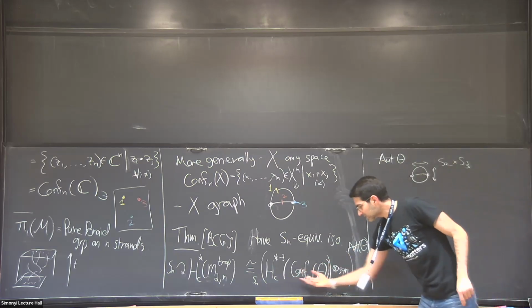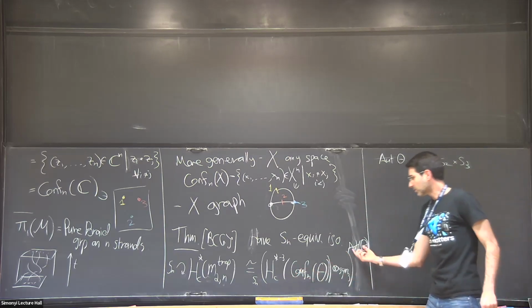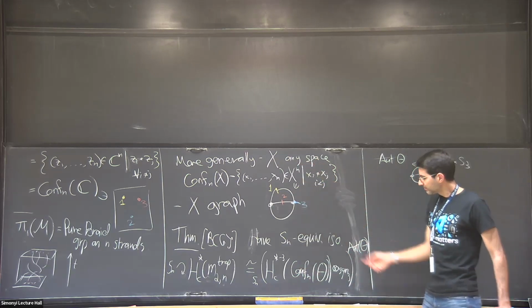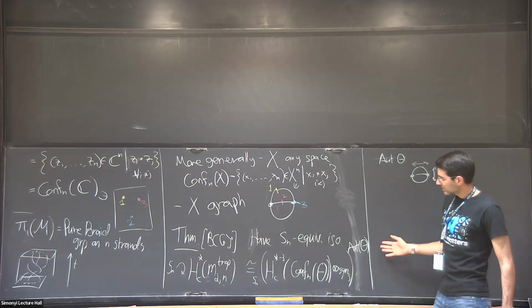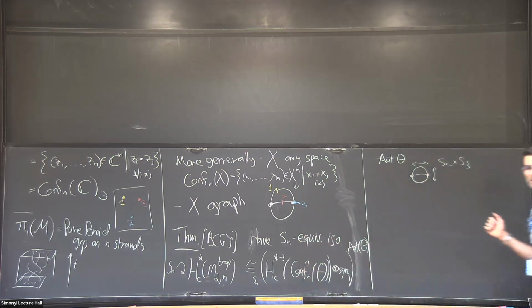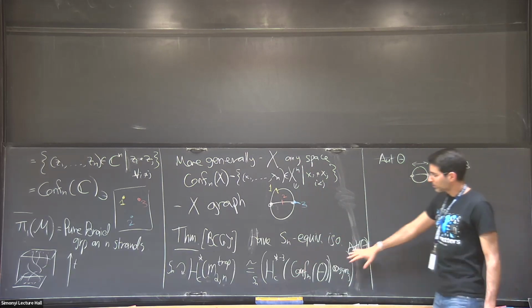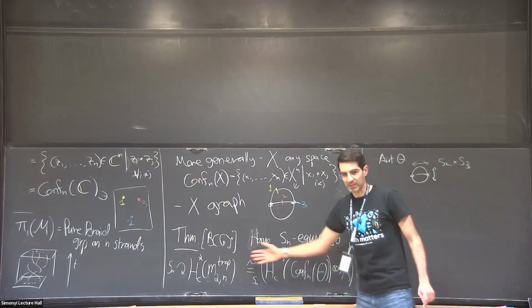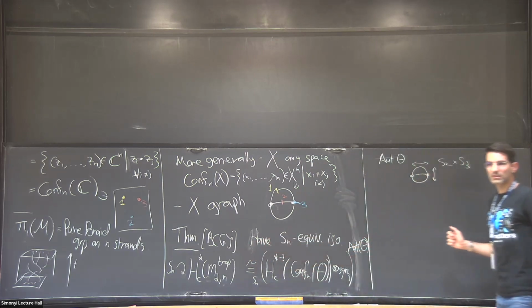So you take this representation of the symmetric group that also has an action of the automorphism group of the graph, because it's going to move the points around, twist it by a certain sign representation, and take invariants. So that's why I got interested in these configuration spaces of graphs, and there is a direct connection to tropical geometry in this way.